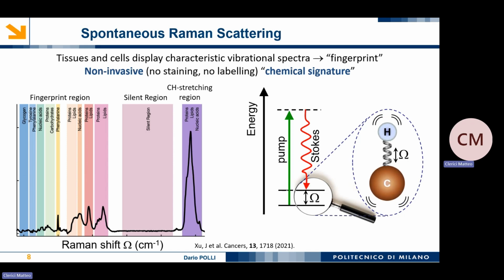So this is not an absorption, this is a virtual level. 1 every 10 to the 7 photons gets inelastically scattered, and so you have a Stokes photon out, and the frequency difference between the pump and the Stokes matches your vibration of interest, capital omega, which is this horizontal axis. So if you plot the photon energy as a function of the Raman shift, you get this spectrum.